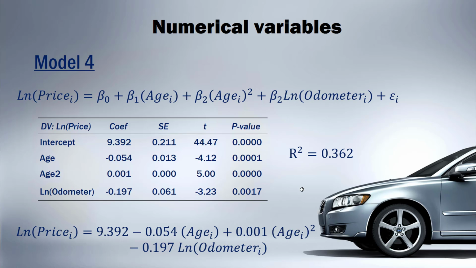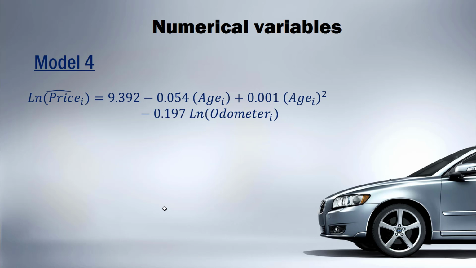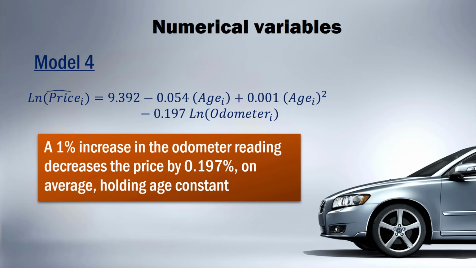That's really important. And to interpret the coefficient of, say, the log of odometer, it's a little bit different because our y variable is different. So here we can say that a 1% increase in the odometer reading decreases the price by 0.197%, on average, holding age constant.